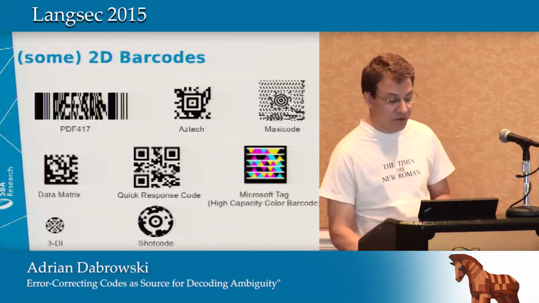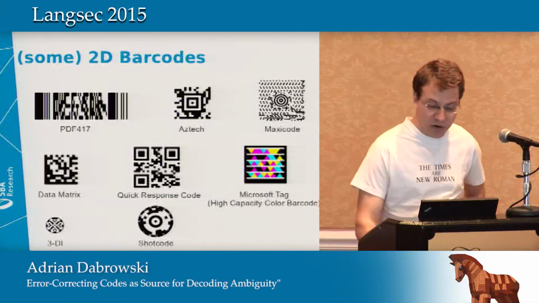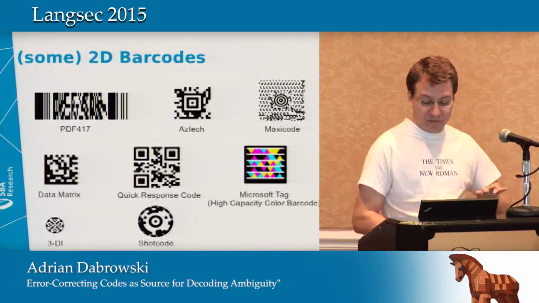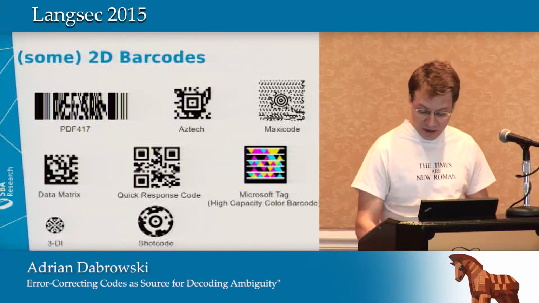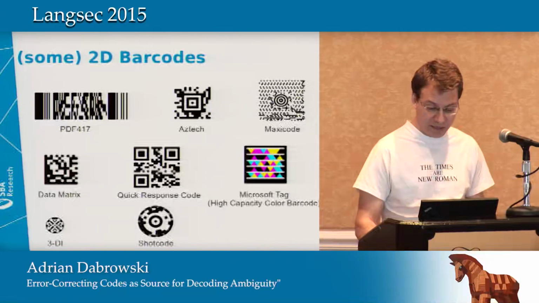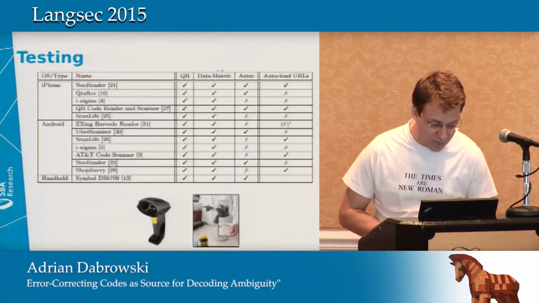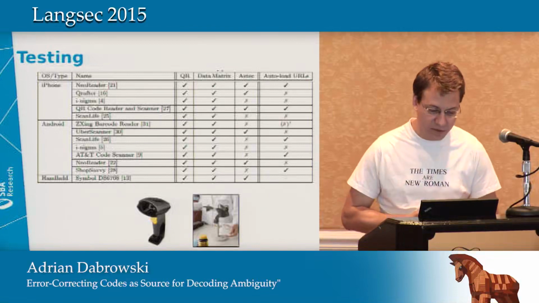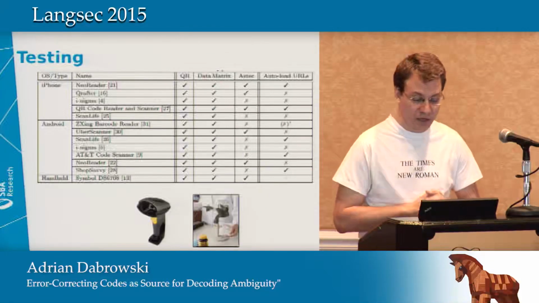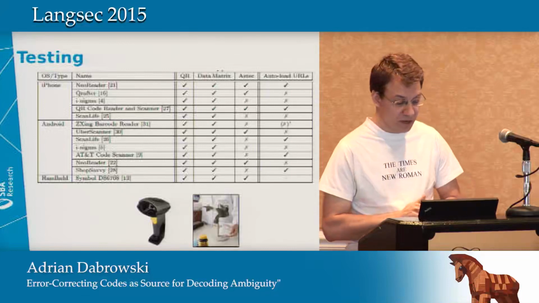This is just a quick overview about different 2D barcode types. We focused in our experiments on the barcodes with square pixels. So we picked QR, Data Matrix, and Aztec codes and tested them with 13 decoders.